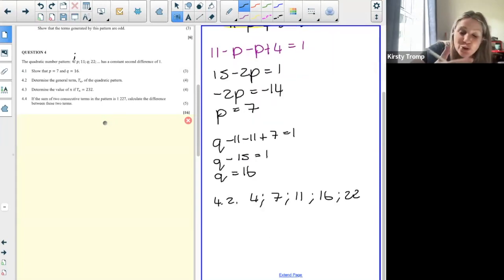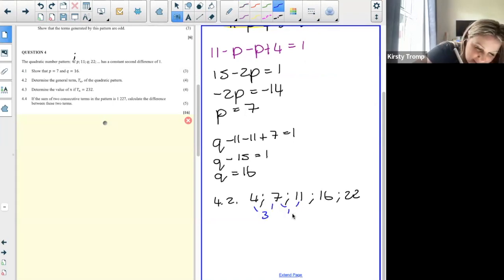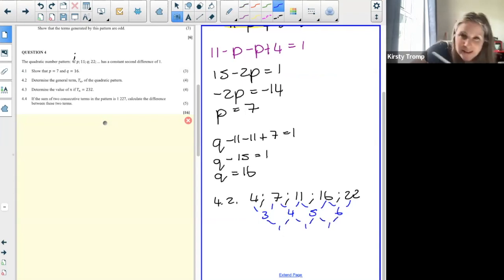So you actually want to work out the quadratic pattern. Here is 3, here is 4, here is 5, and here is 6, and here the second difference each time was 1. So you want to look at your quadratic pattern.